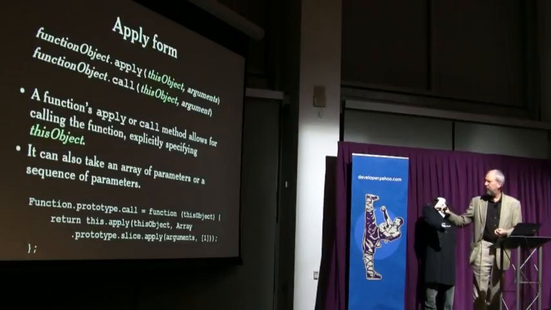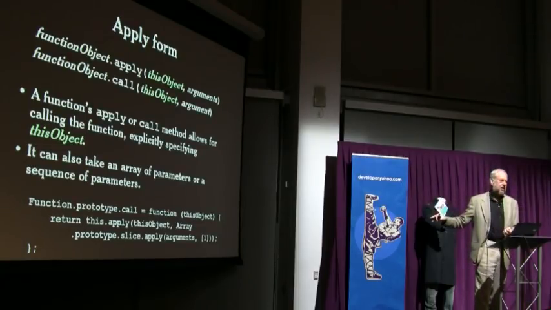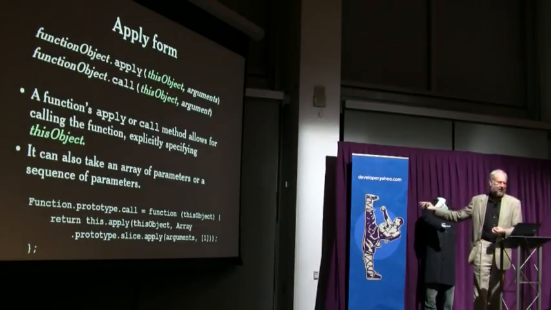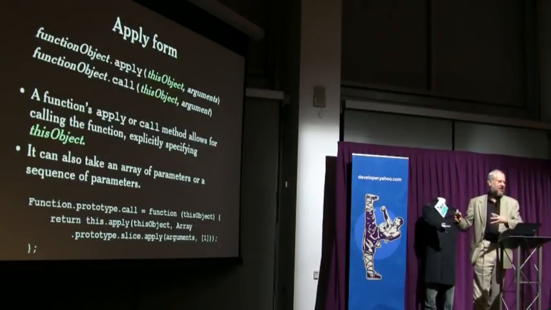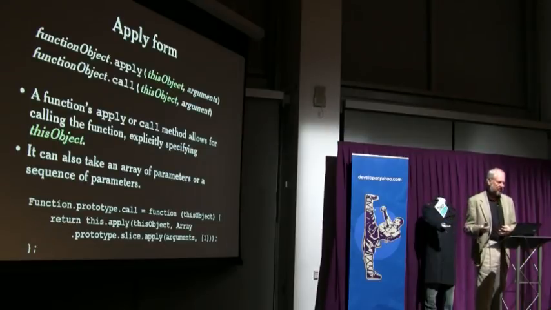So I go array.prototype.slice.apply, and then I can take that piece of arguments. Really awful. Again, we fixed that in ES5 a little bit.